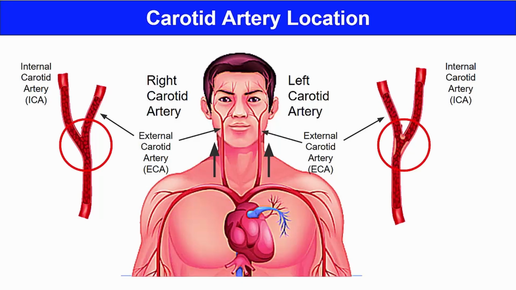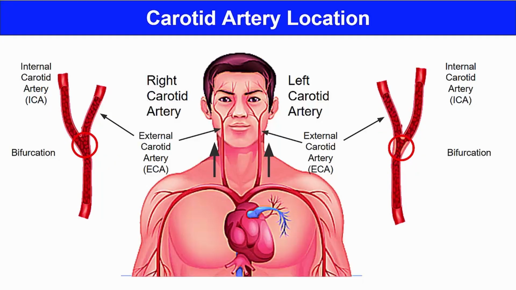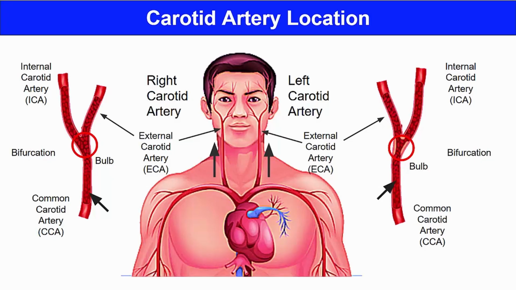The split is called the bifurcation. In this area, the arteries tend to bulge out a little, so we call that the bulb. Now this is really important because we'll be using the bulb as our primary reference point for all of our measurements. The main trunk coming up from the heart is the common carotid artery, or CCA, and this hollow area inside the artery is called the lumen.